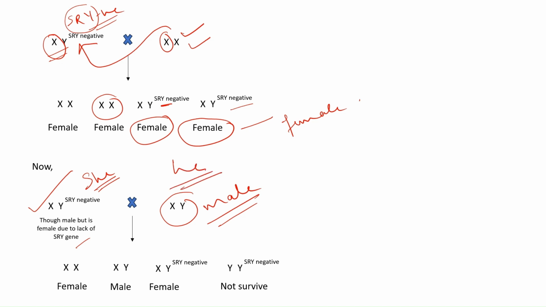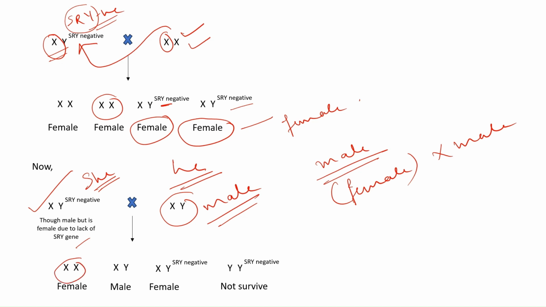So now such a female, meaning such a male actually, which due to the absence of the SRY gene is now female, is crossed with a normal male. So in the next generation, what will we get? XX, a normal female; XY, a normal male; XY SRY negative, a male but a female; and YY SRY negative.